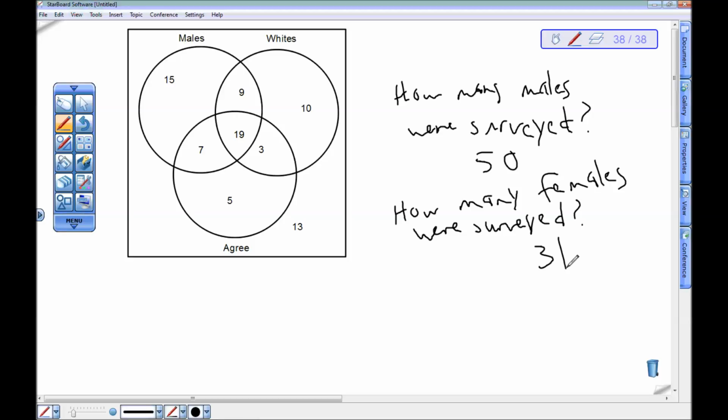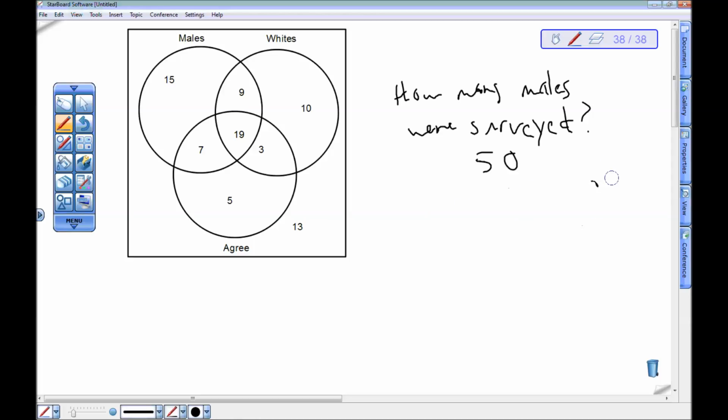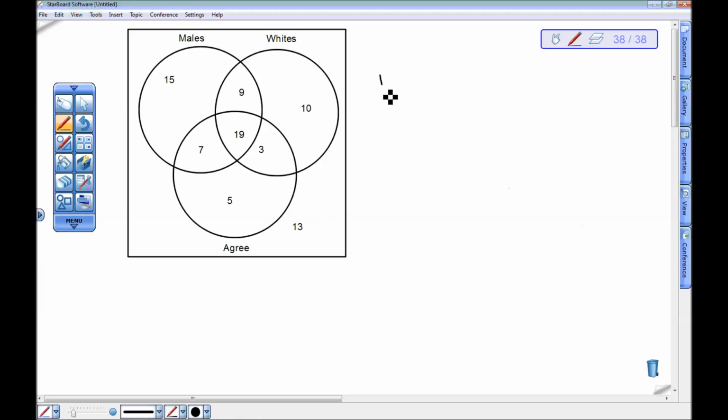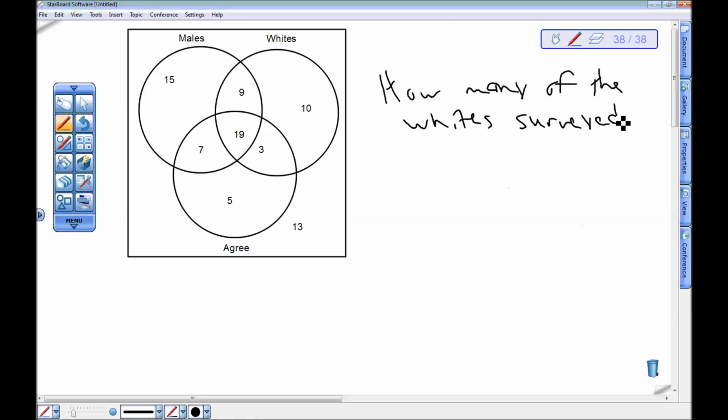Okay, let's ask a little bit fancier question. How many of the whites surveyed disagreed?